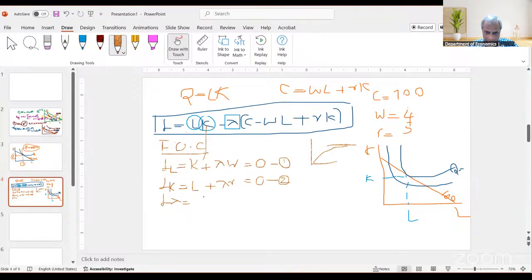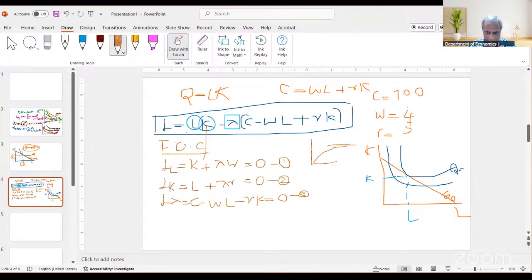When you differentiate, what we get here is C minus WL minus RK. With that way, we get another equation we name as the third equation, that is also set to 0. This is the first order condition, 3 equations.